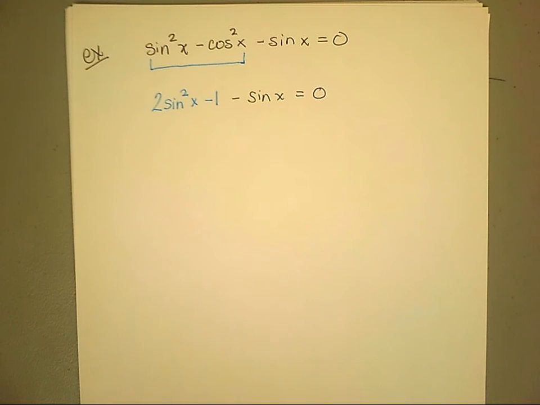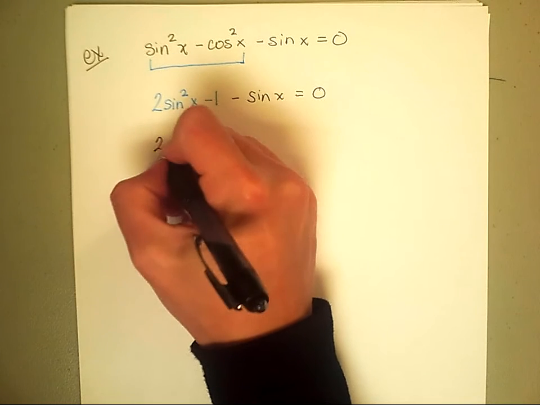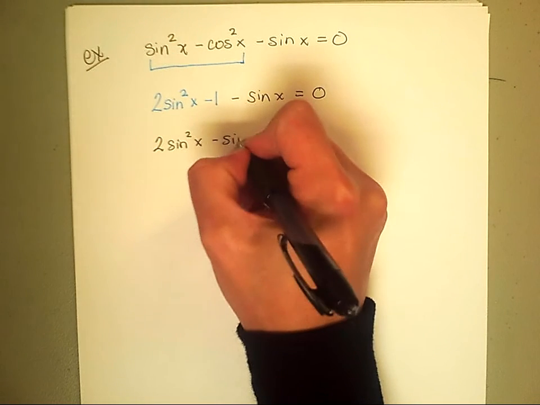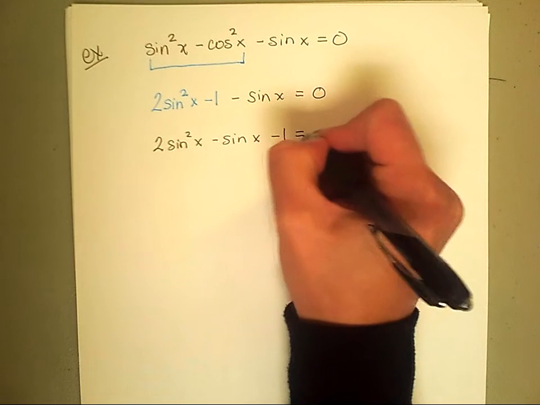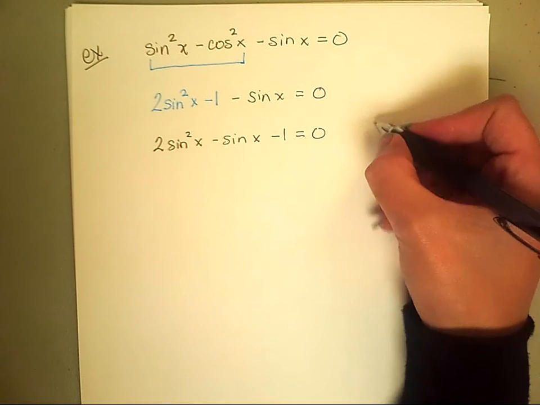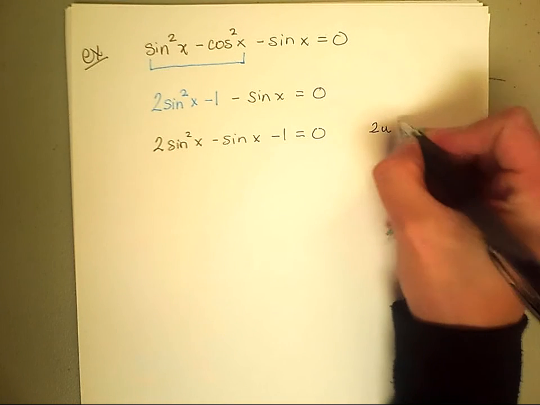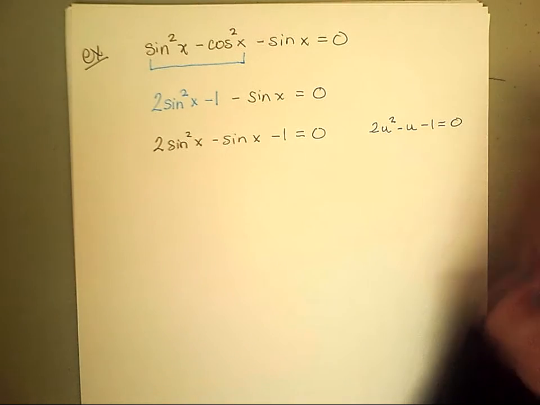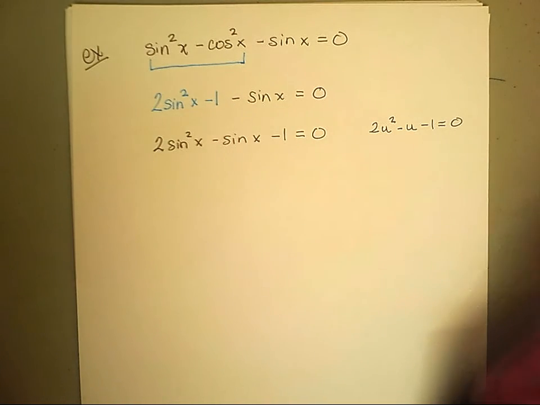Now when we do this, we're going to have to look for extraneous solutions, but we'll handle that. Now this is just quadratic, so this is 2 sine squared of x minus sine of x minus 1 equals 0. If you want to think about it in a u substitution, this has the form 2u squared minus u minus 1 equals 0.